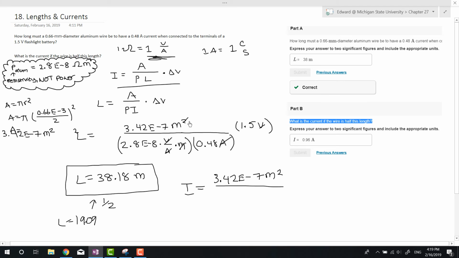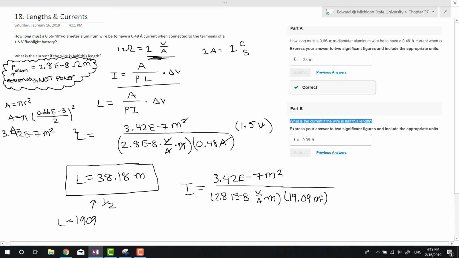The resistivity was found from a textbook or Google. So we've got 2.8 e to the minus 8 ohm meters, which is V over A times meter. L is just 19.09 meters.